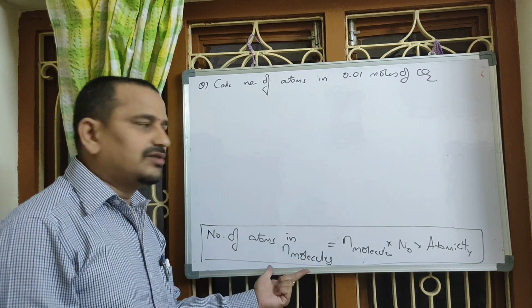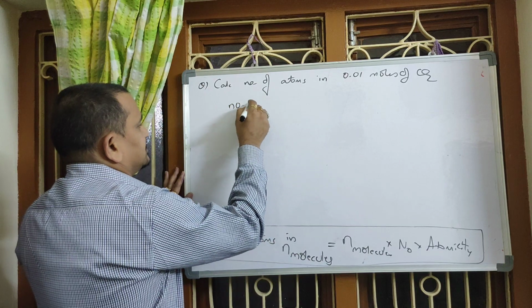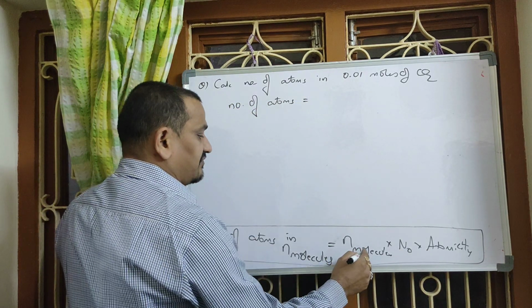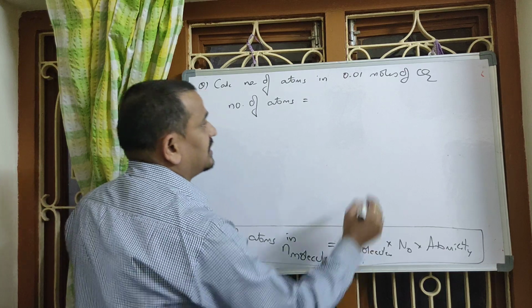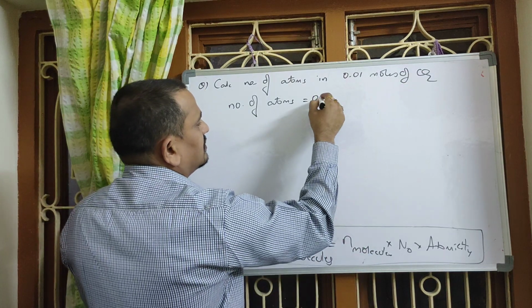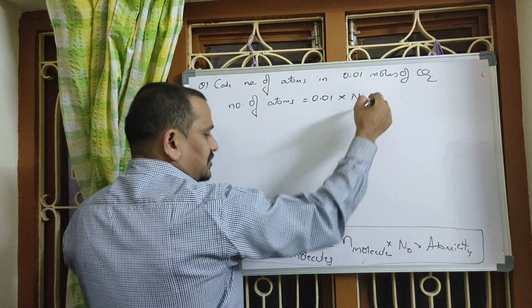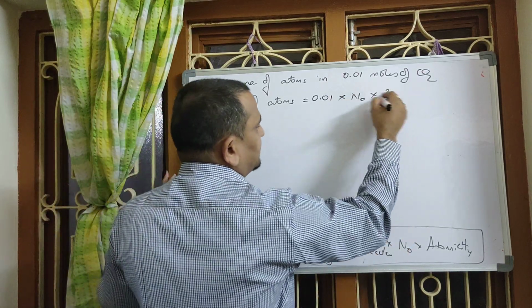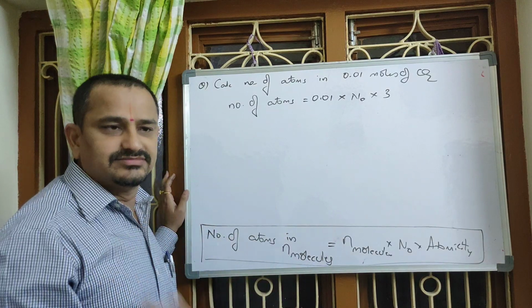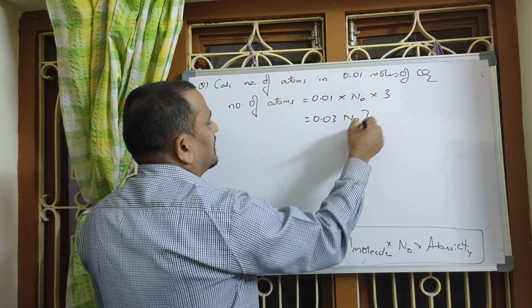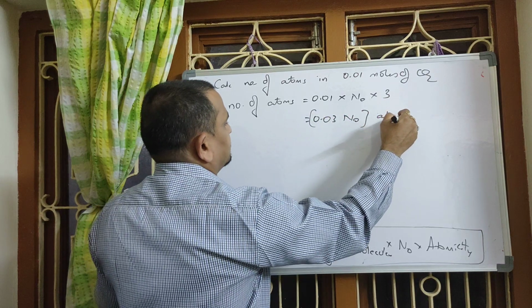So this is the relation we have to apply. Number of atoms equals number of moles of molecule. How many moles of CO2 molecule? 0.01 into Avogadro number into atomicity of CO2, which is 3. That's it. One line. So it is 0.03 into Avogadro number of atoms.